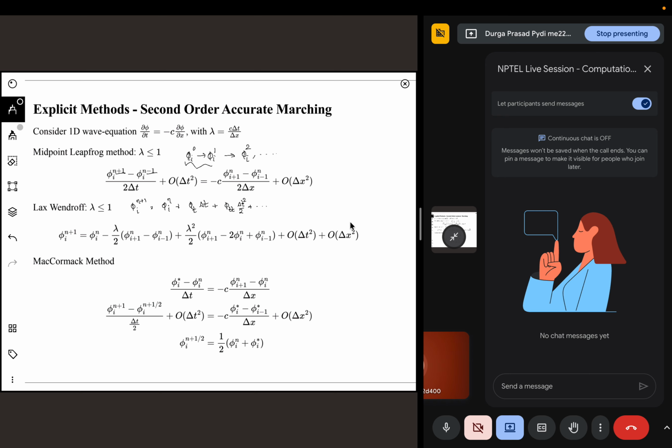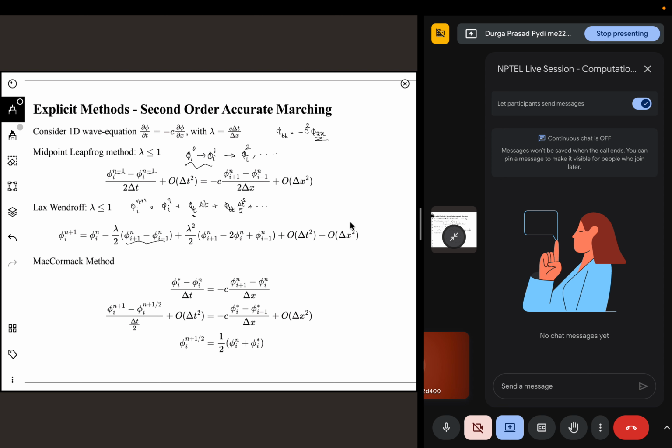You can use the governing equation to replace phi t with minus c times del phi del x. That will be this term, where you use a central space scheme for del phi del x. So the delta x, everything will get absorbed into this lambda. Similarly, we have phi tt, which will be minus c square phi xx. Again, this phi xx is the Laplacian operator, which you can discretize with a second order scheme. That would give us phi n plus 1.